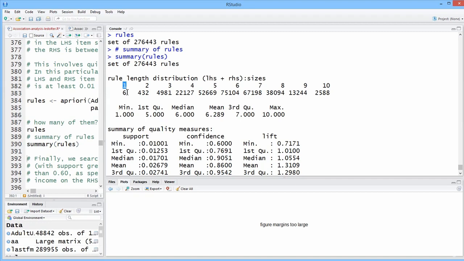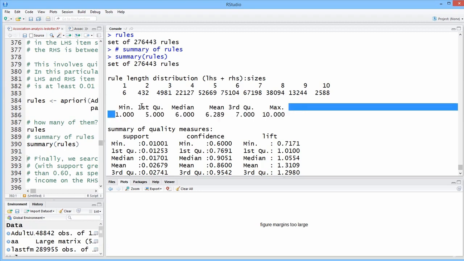You can generate rules where you have a consequent but no antecedent. Every rule must have at least one consequent. So there are 6 where there's no antecedent and there's one consequent. There are 432 where there's exactly one antecedent and one consequent. There are 4981 that have 2 antecedents and one consequent, and so forth.